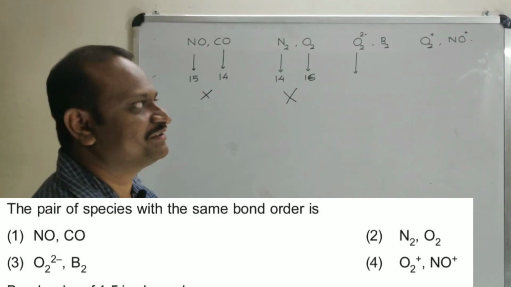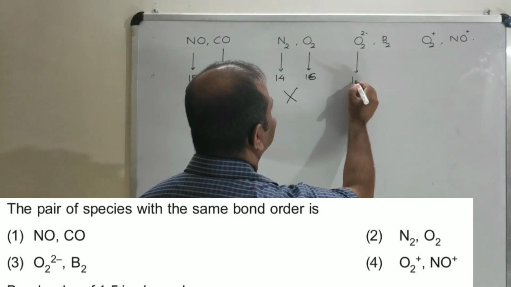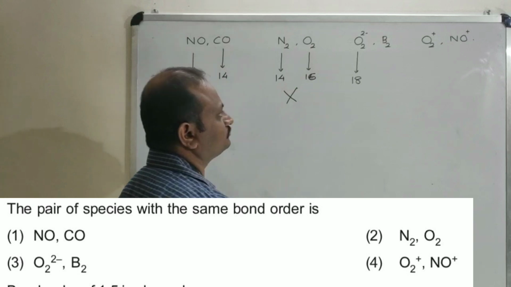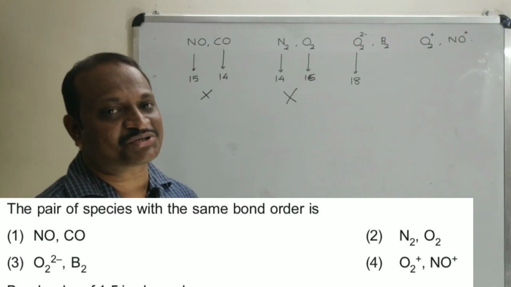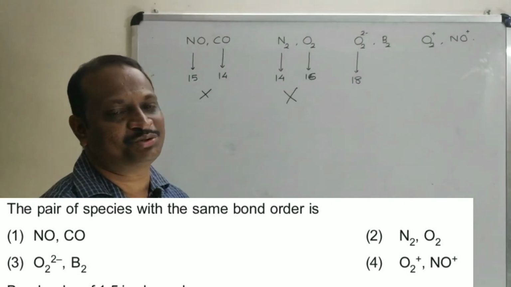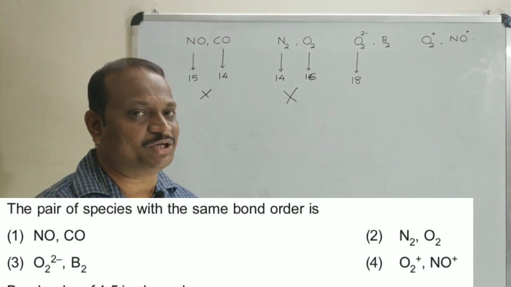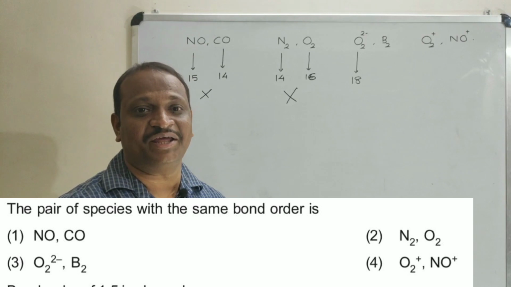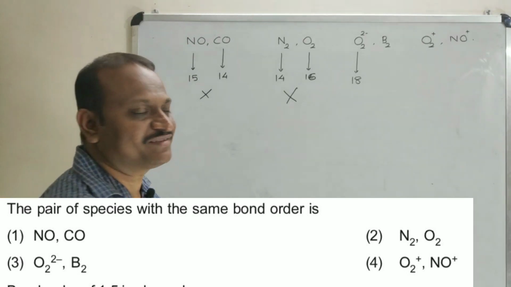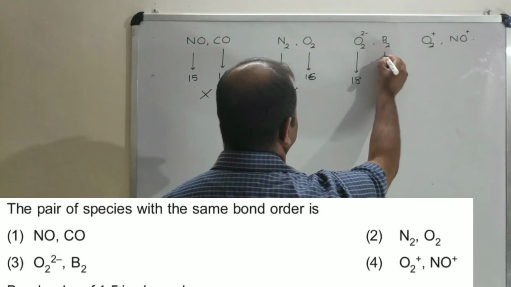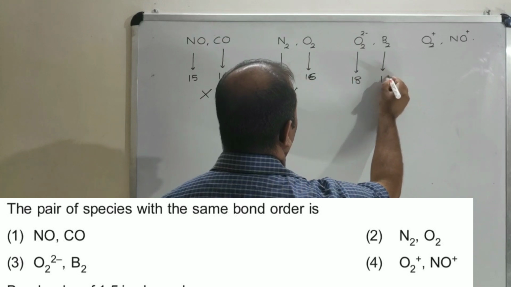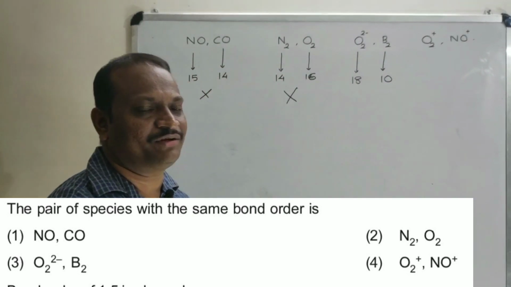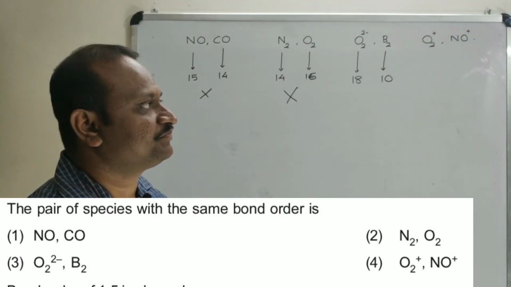In O2 2 minus, you have the number of electrons 18. And what about B2? B2 means, you know, lithium, beryllium, boron. Boron means the number of electrons present in one boron is 5. Since we have 2 borons, 10.